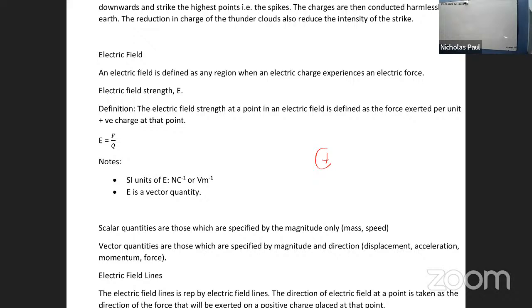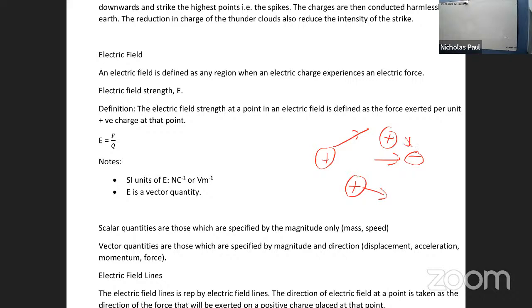Quick question. What direction does the electric field move in? It goes away from the positive and towards the negative. If I place a positive charge next to a positive charge, how will it move? Away. If I place a positive charge next to a negative charge, it will move towards the negative.